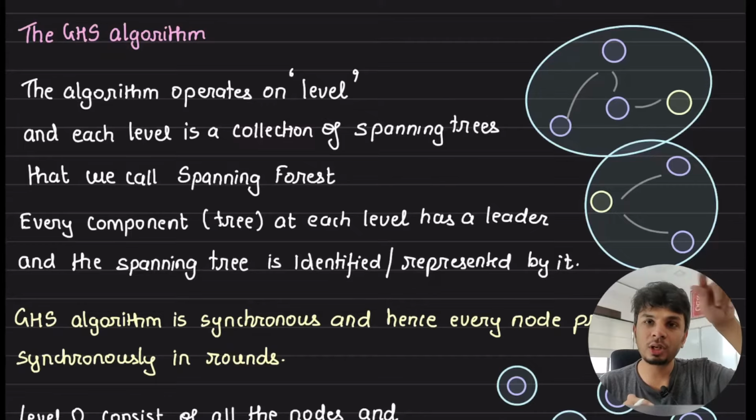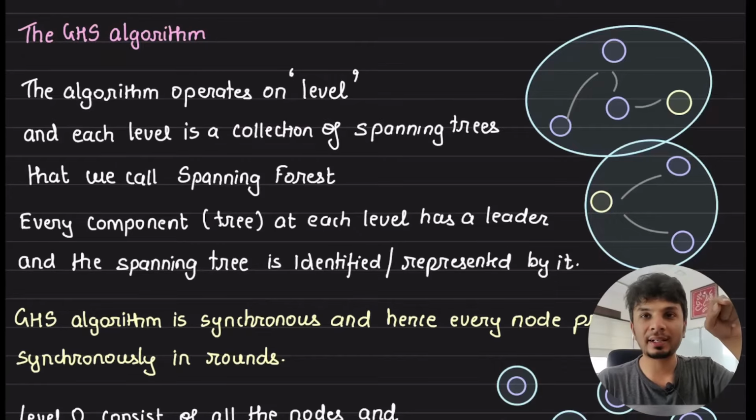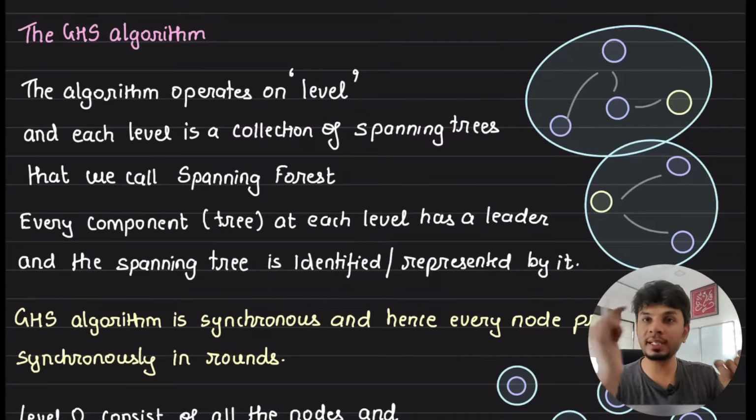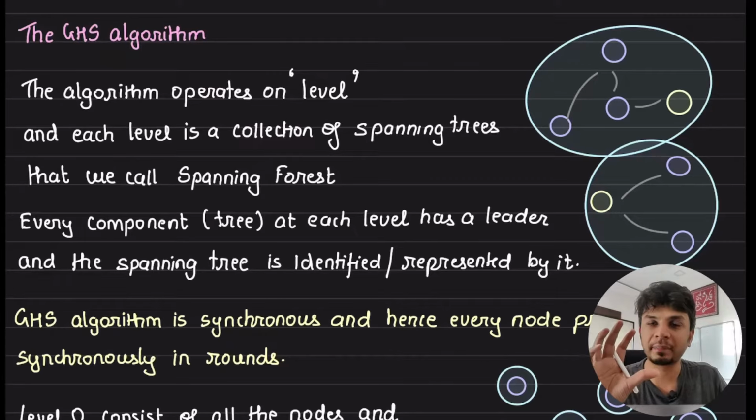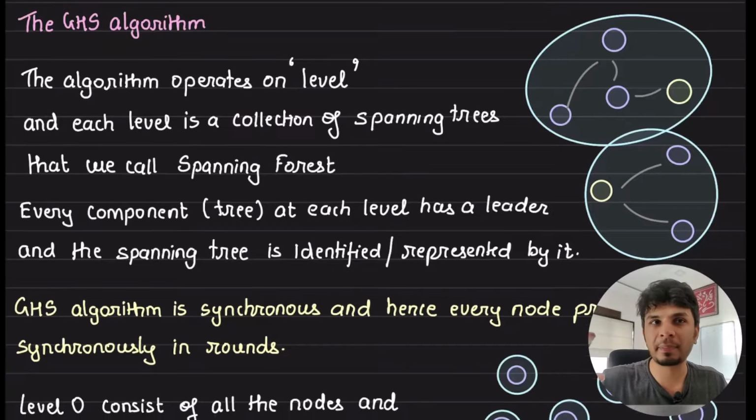Every component would have a leader, and the component is identified by that leader. This is not leader election or master-slave. This is just a leader who is representing this entire component or sub-spanning tree. If I have 2 such components, they could merge and their leaders would merge. That's a very rough idea. We'll go into the exact steps on how that's happening.